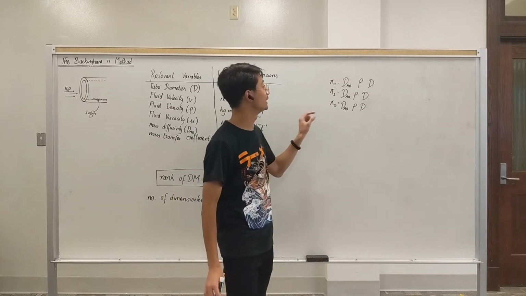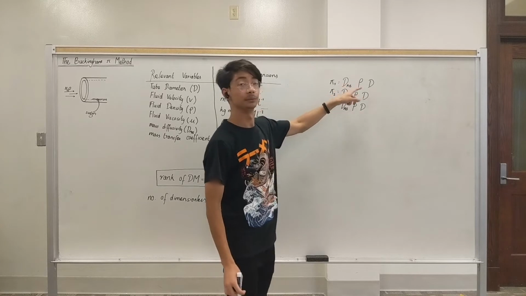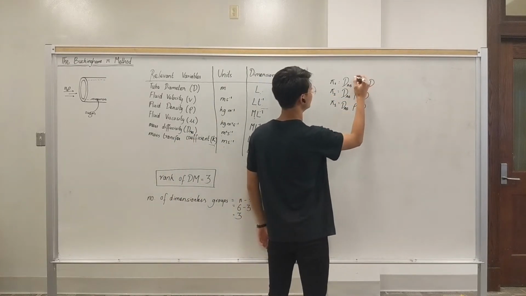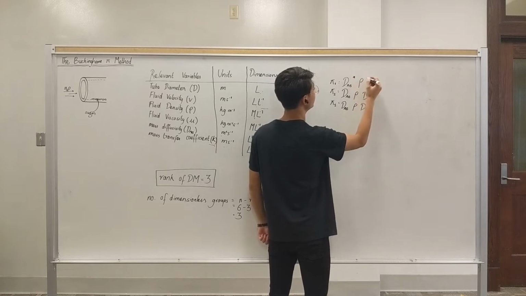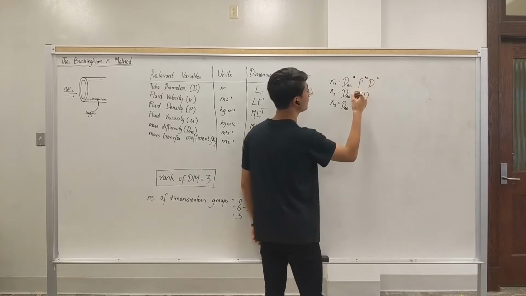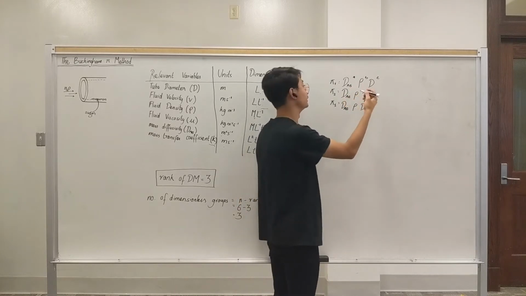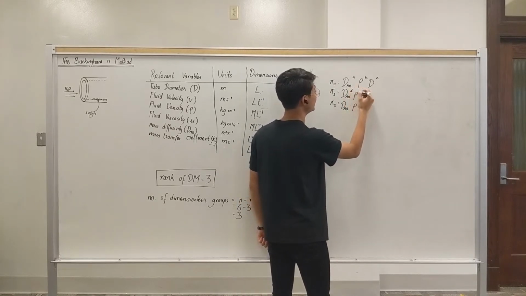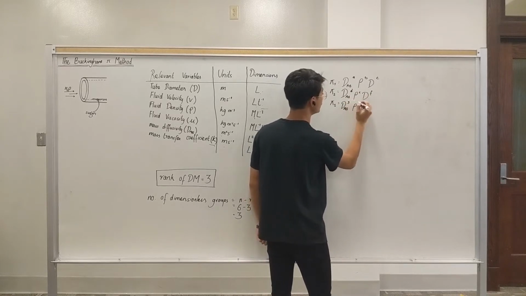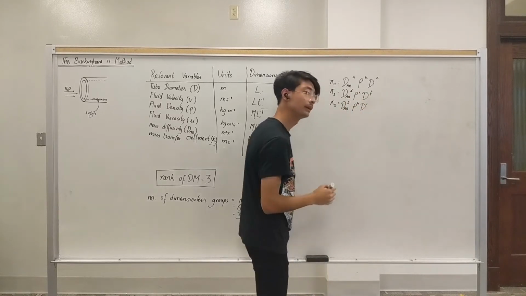We're going to have to raise each of these variables by a different power. So we'll raise the diffusivity by A, density by B, diameter by C, and the powers have to be different in all of these. So this is going to be D, E, F, not A, B, C, and then G, H, I.